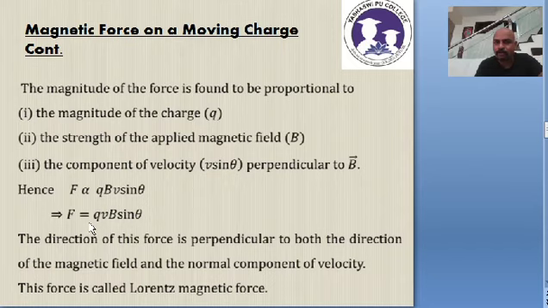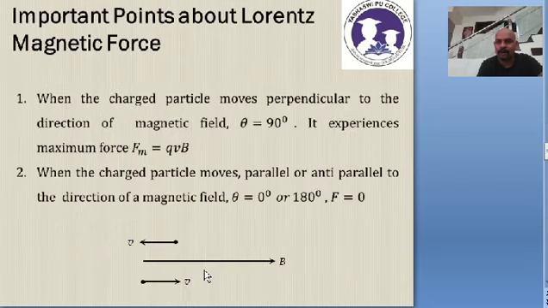F is equal to QVB sin theta. This is known as the magnetic Lorentz force. If you say only Lorentz force, it includes electric and magnetic force; here it is the magnetic Lorentz force. The direction of this force is perpendicular to both the magnetic field and the velocity. Now, important points about the magnetic force.